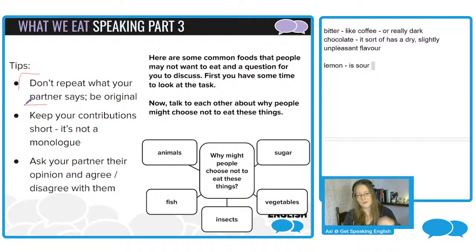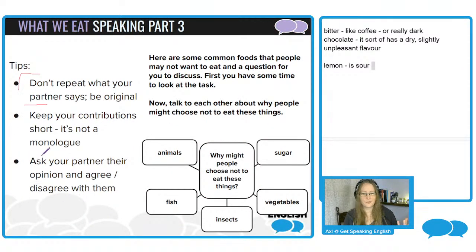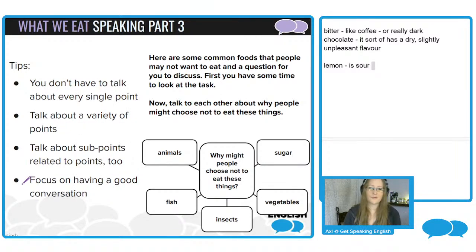So your contribution should be a bit short. It's not a monologue, right? And you should be asking your partner for their opinion. You could agree with them, disagree with them, things like that. You can ask them questions if you want, all sorts of things. So we're basically aiming on having a good conversation about the things on this piece of paper.